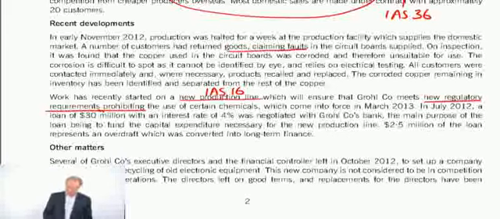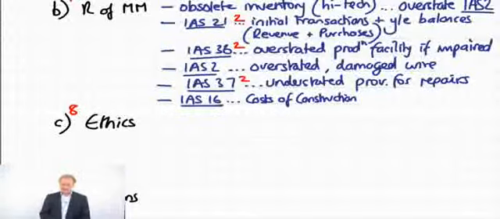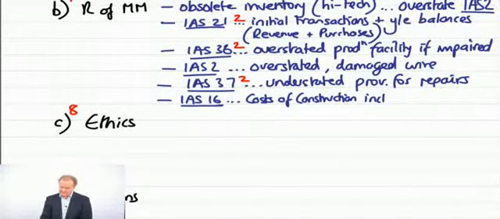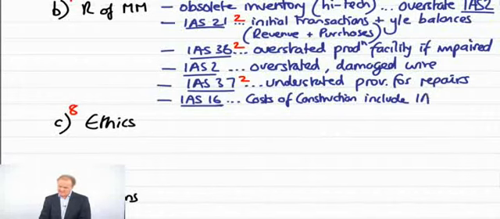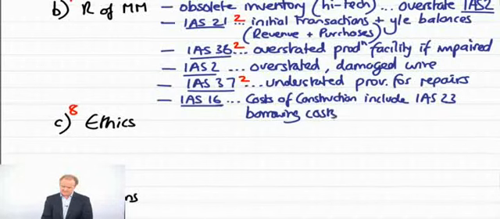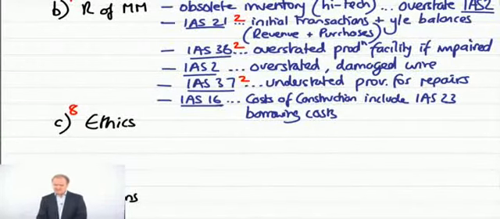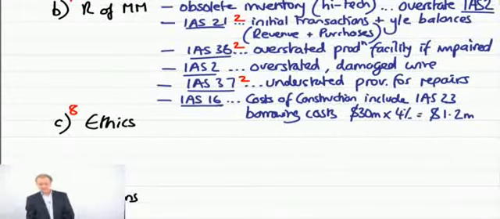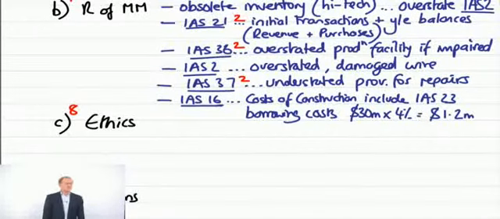So, as my friend here has quite correctly said, the costs of construction should include IAS 23, the borrowing costs. And 30 million times 4% is 1.2 million. So the cost of construction ought to include that.